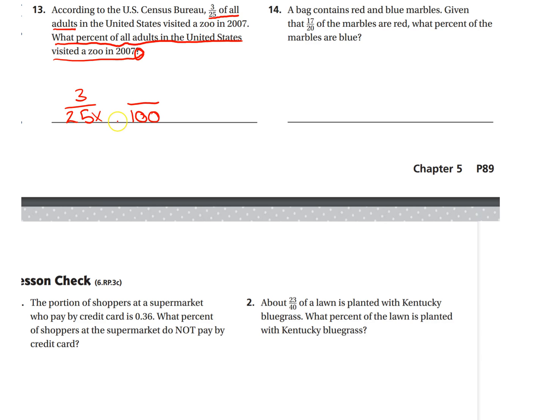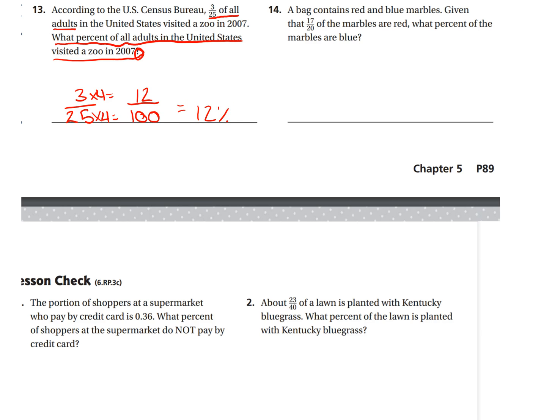So what do I have to multiply 25 by to get it up to 100? And actually, I believe we did this exact same problem, or at least used these exact same numbers on an earlier problem in one of the earlier videos. 3 times 4 is 12, so 12 per 100, or 12%.